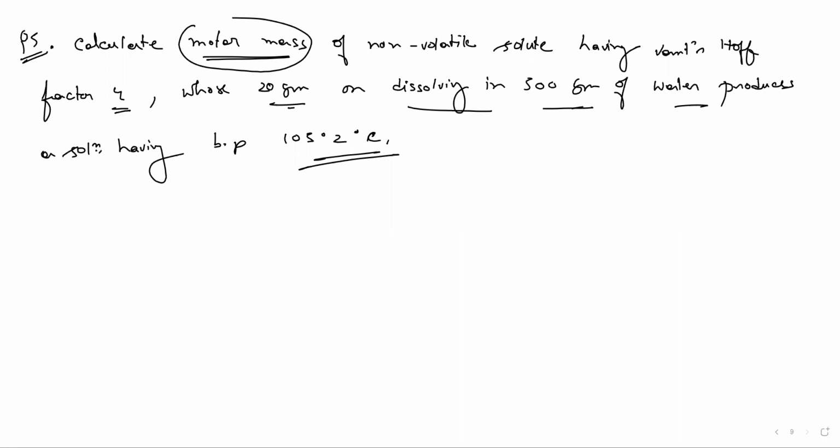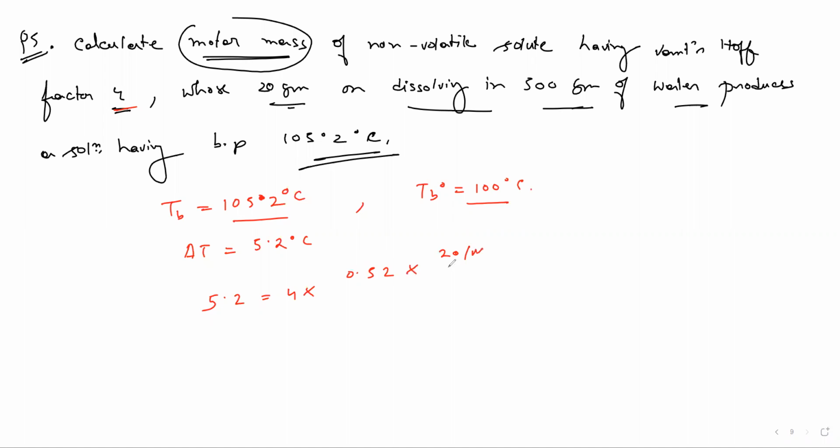Completed. Now look what is given. TB value is 105.2 and TB naught value is 100 degrees centigrade. Now what is del T? Just subtract, it is 5.2 degrees centigrade. Now 5.2 equals i, the Van't Hoff factor which is given, 4, into 0.52, that is the Kb value, and molality is number of moles, given mass by molar mass, by solvent in kg.